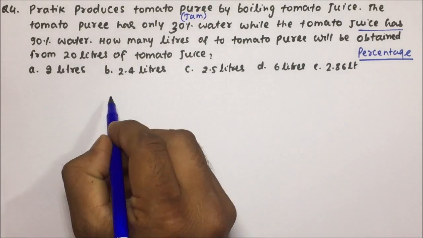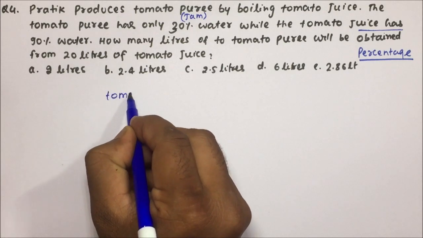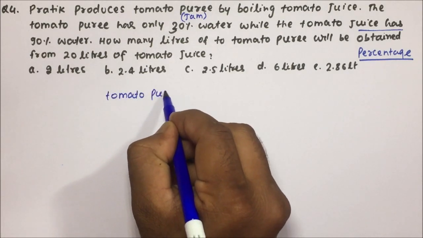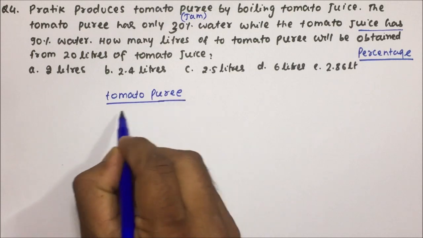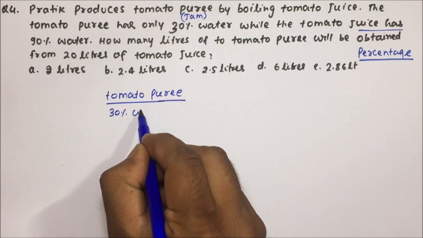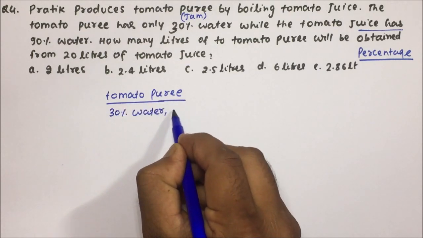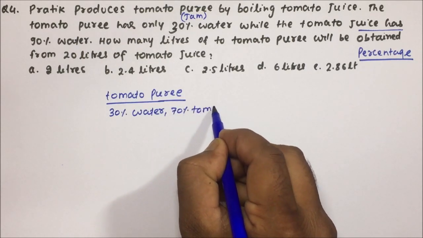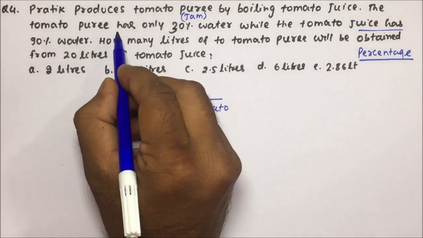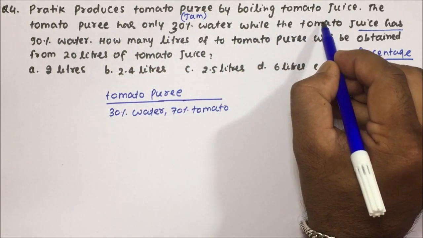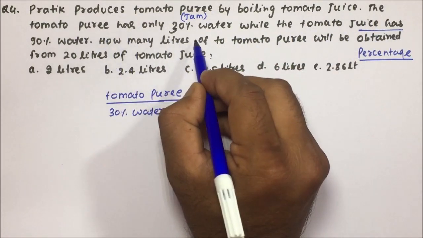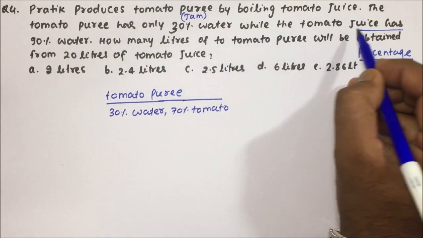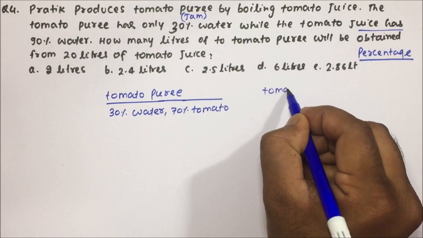The tomato puree, or tomato jam, has 30% water, and the rest 70% will be tomato. Now let's talk about the tomato juice.